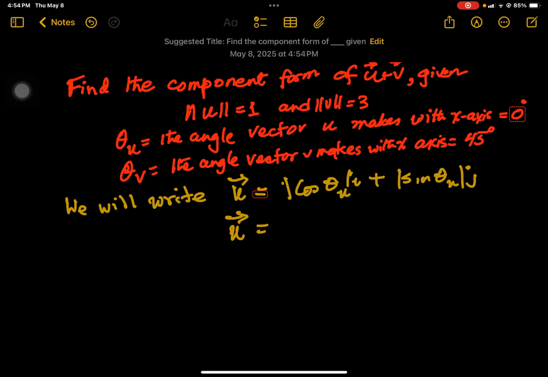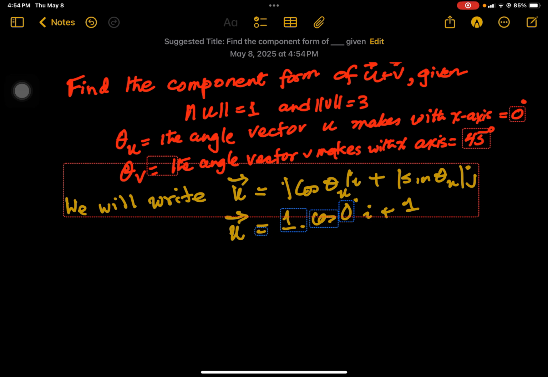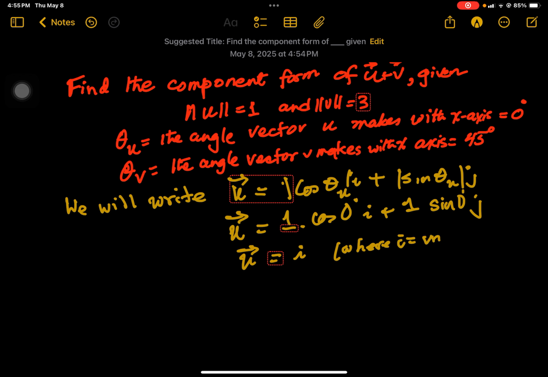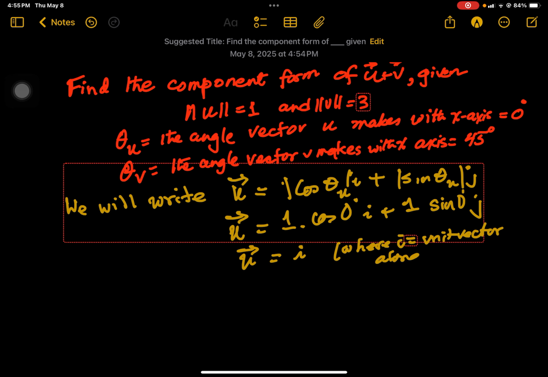Since the magnitude of vector u is 1, it is 1 times cosine of 0 i plus 1 times sine of 0 j. Now we know cosine of 0 is 1, so vector u is just equal to i, where i is the unit vector in the x direction, along the x-axis.